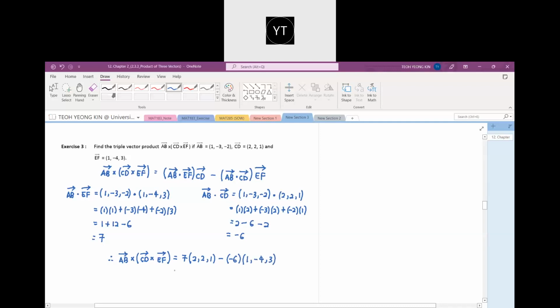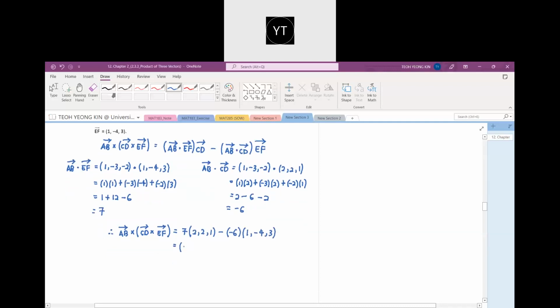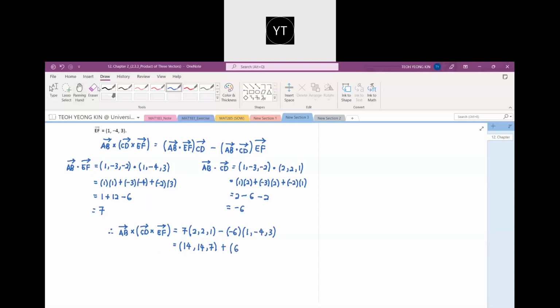So from this part, I should have 7 times 2, 14, 14, and 7. Negative, negative will become positive, 6 times 1, 6. Or you can remain as negative here, then negative 6 times 1, negative 6, negative 6 times negative 4, positive 24, negative 6 times 3, negative 18.